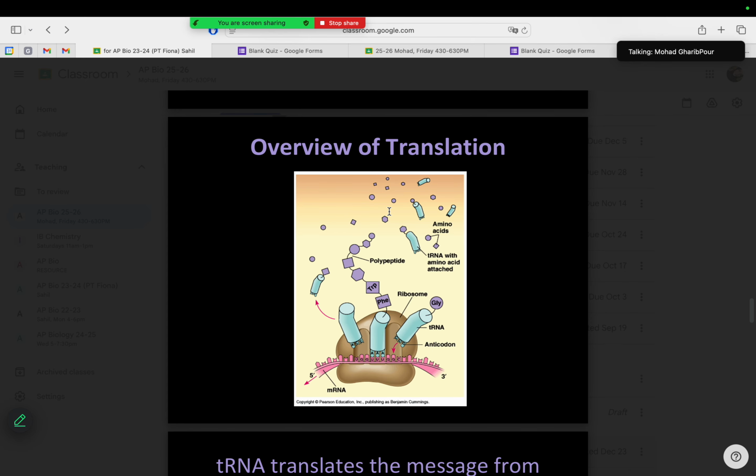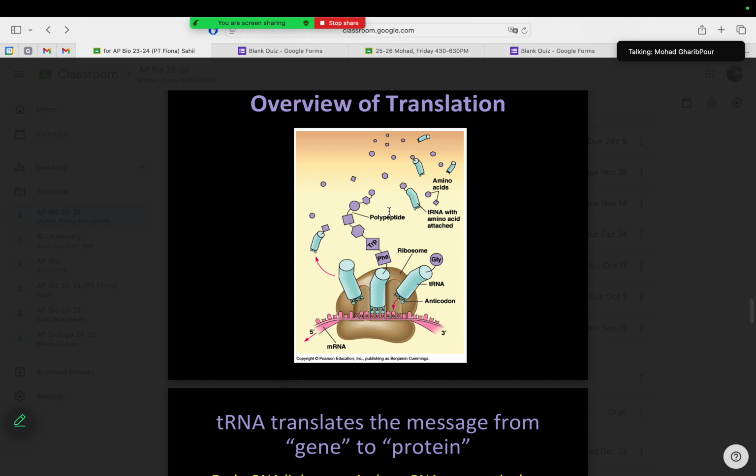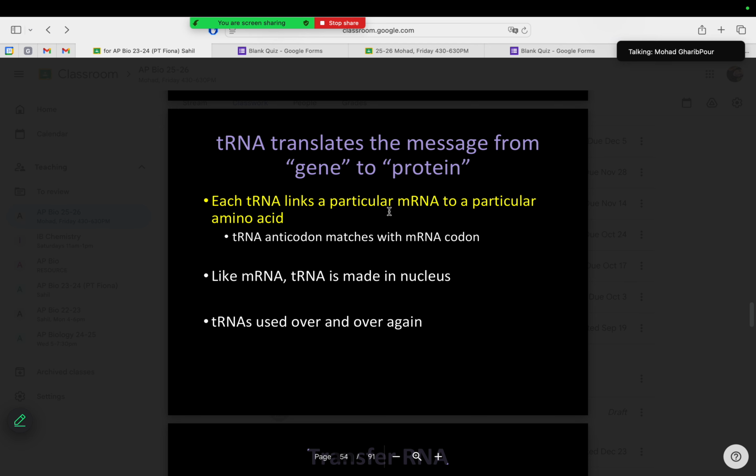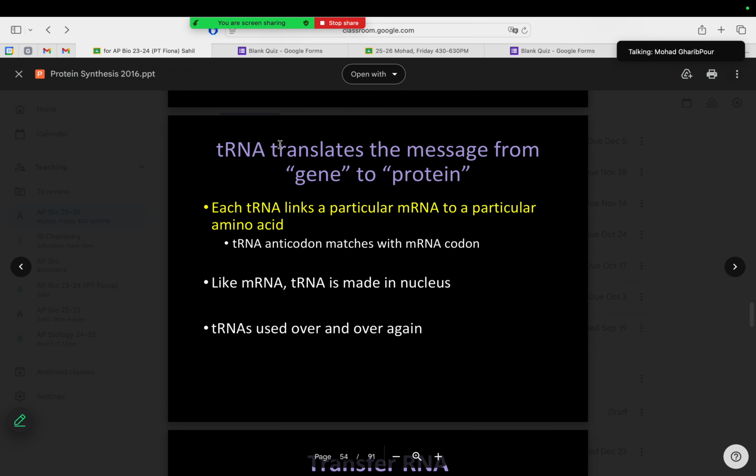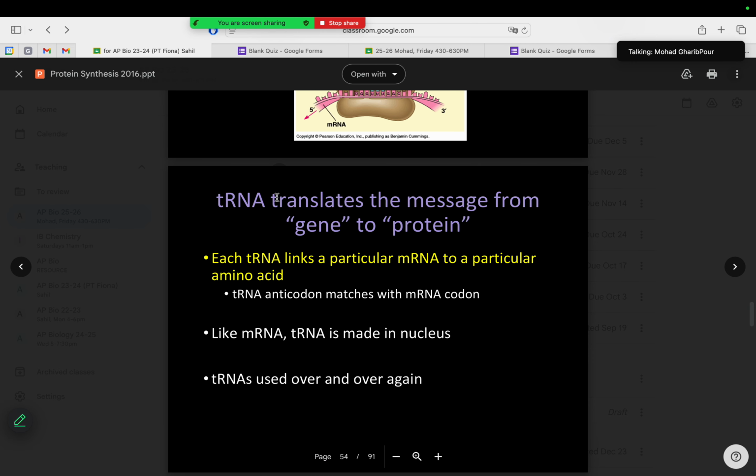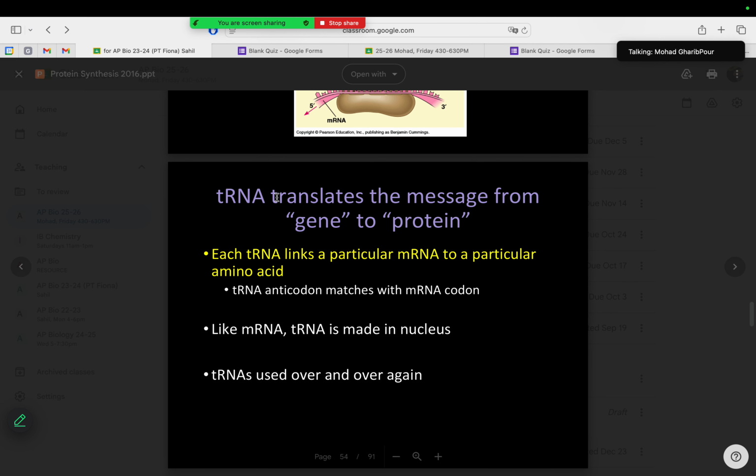Transcription, we finished that. Now we're moving on to translation. We said that the tRNA is what carries both the anticodon, which is the nucleotide sequence, and the amino acid.